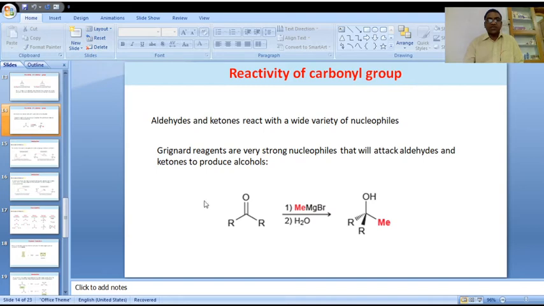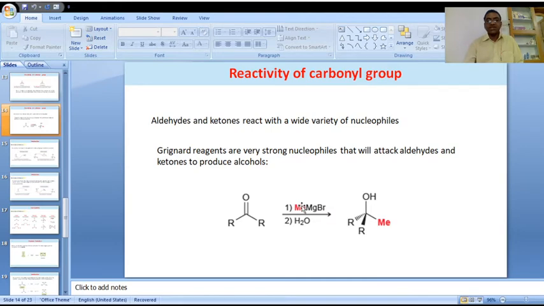Please observe the ketone functional group, R2CO, a ketone. This ketone reacts with a Grignard reagent, for example methyl magnesium bromide.